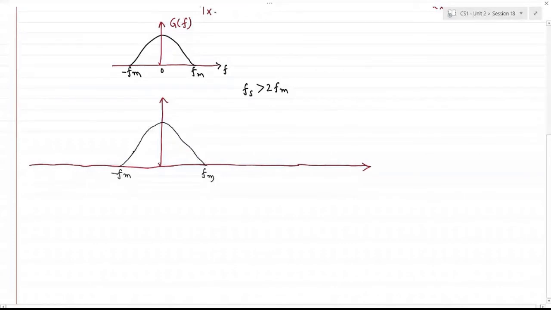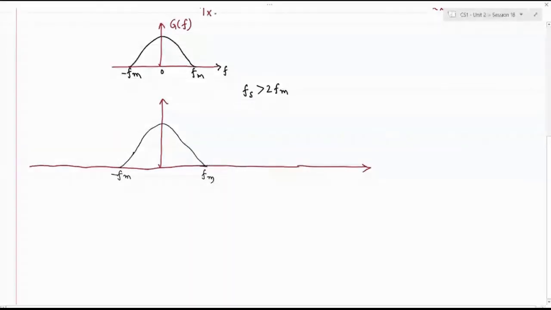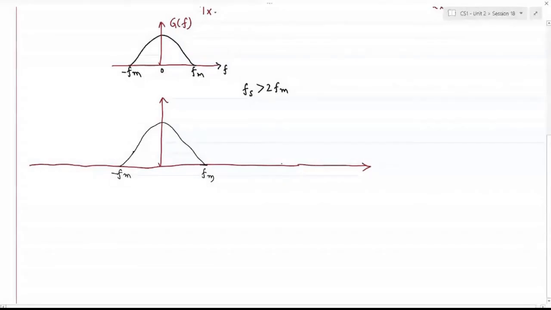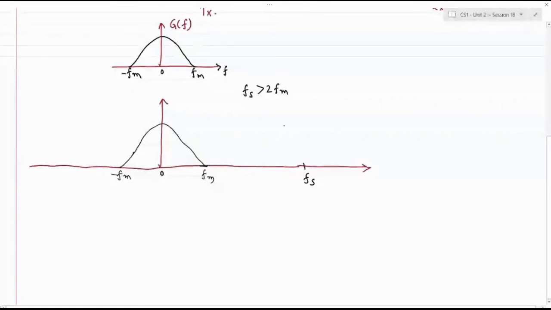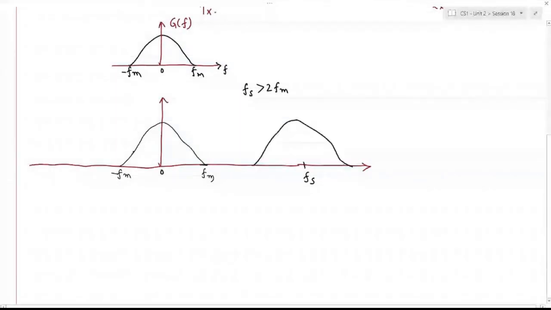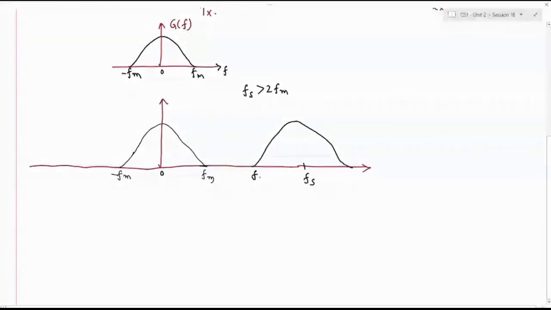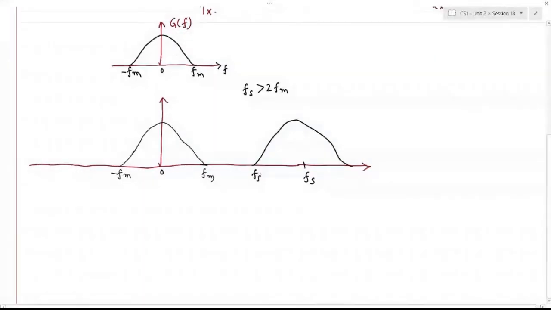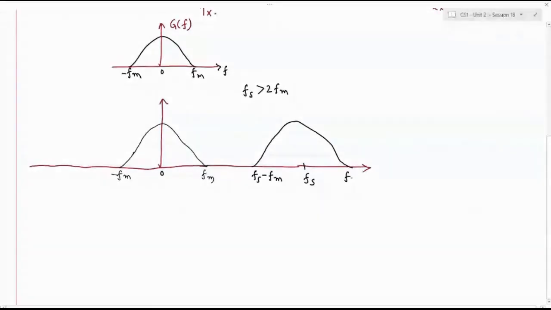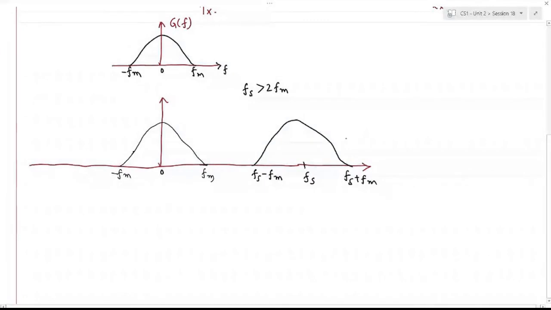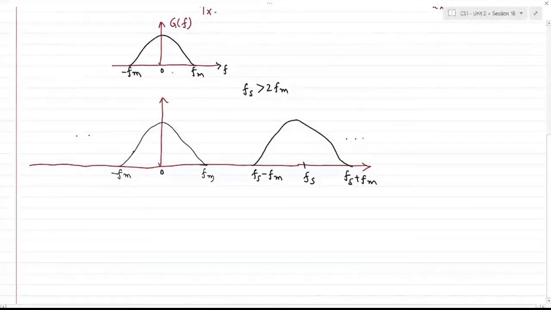So if this is 0, Fs will be somewhere here, where the next replica would be something like this, from Fs minus FM to Fs plus FM, and it goes on. So two things are satisfied. One is that I have truncated my original information signal and limited its bandwidth between minus FM to plus FM.